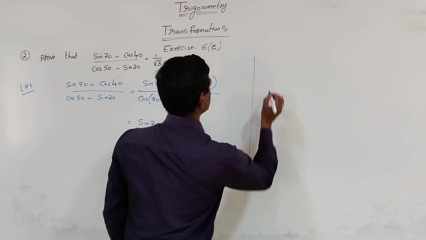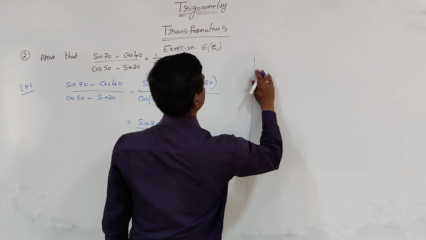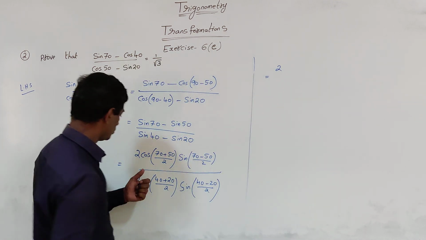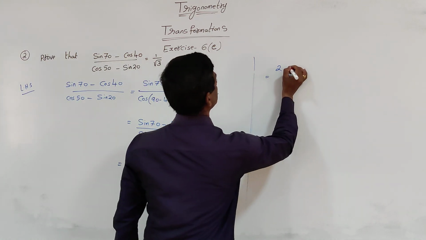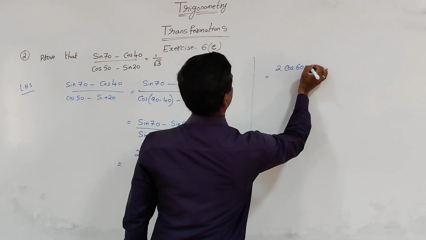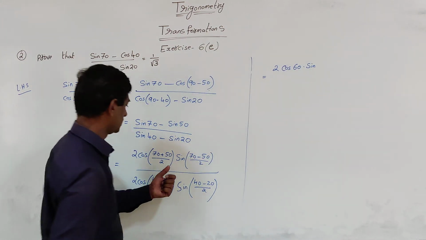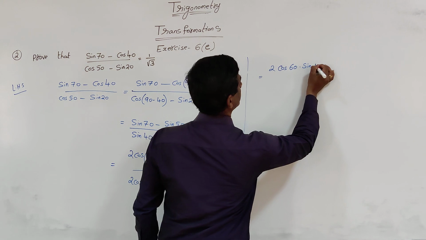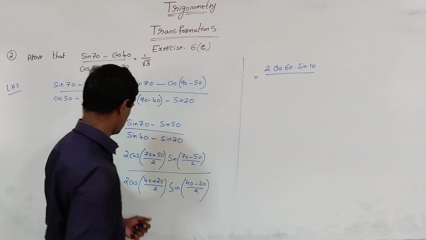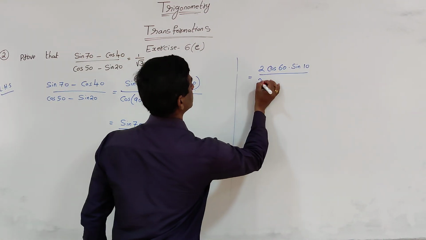Which gives 2 cos of 120 by 2, that means cos 60, into sin of (70 minus 50 is 20) 20 by 2, which is 10, by 2.